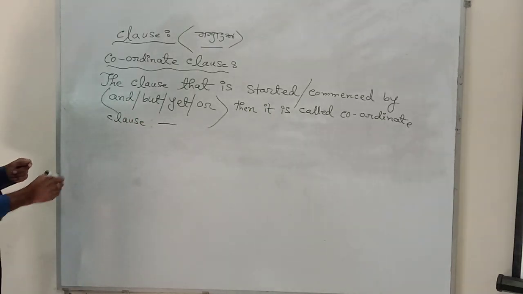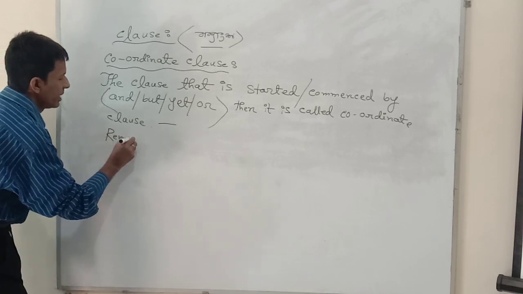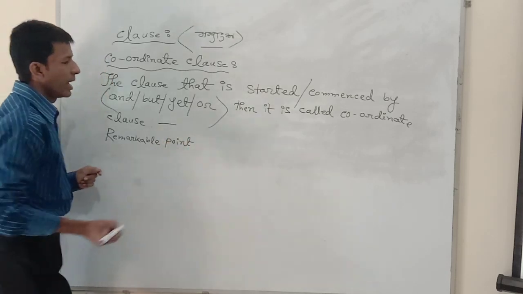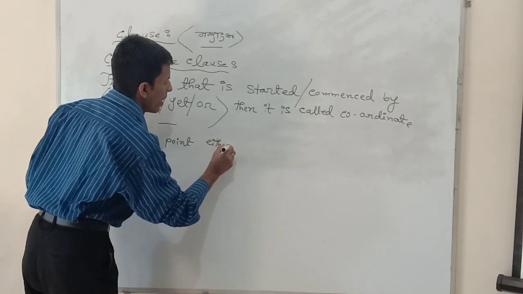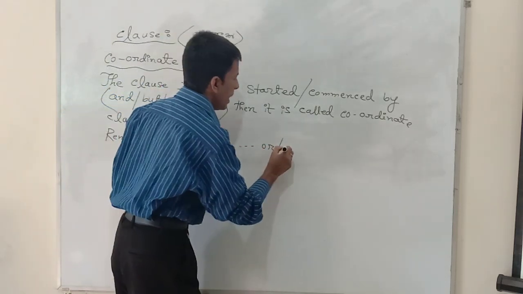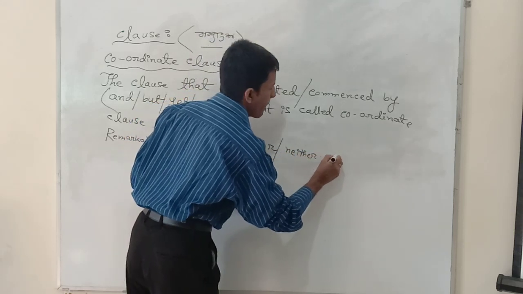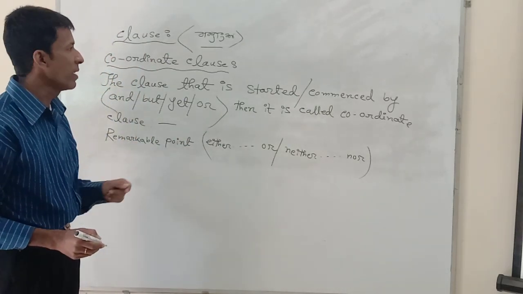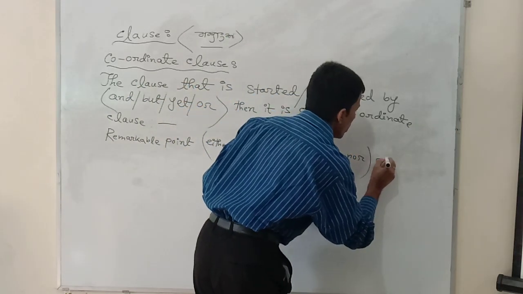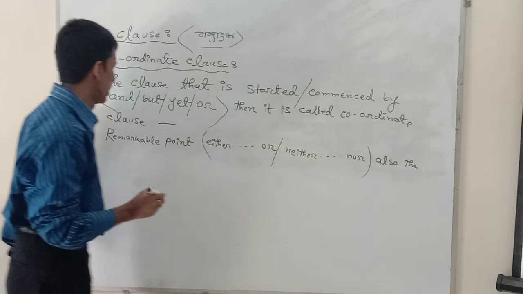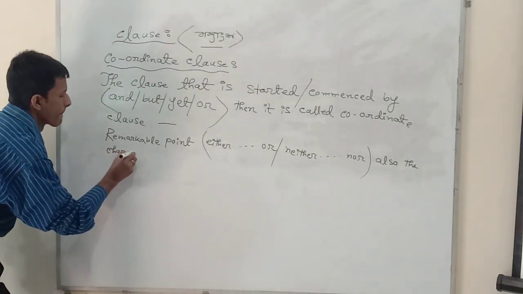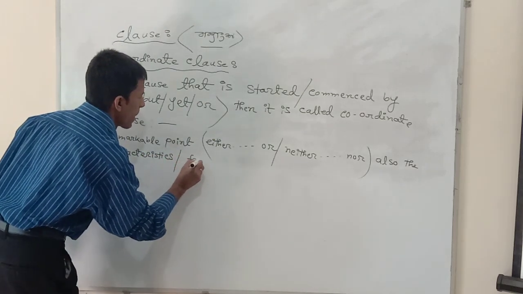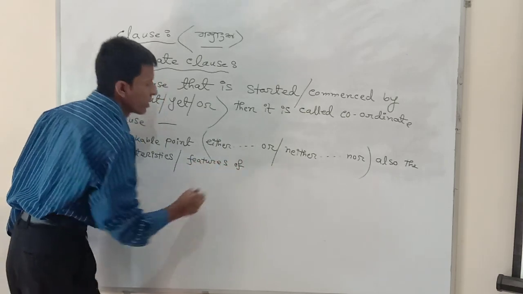Another remarkable point is that either-or and neither-nor are also two important characteristics or features of coordinate clause.